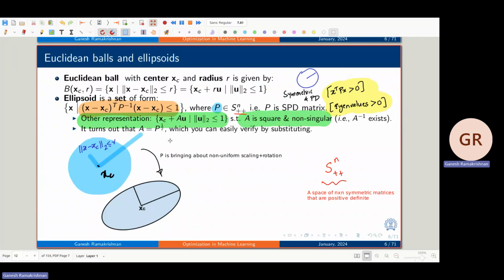Because if P had negative eigenvalues, you couldn't take the square root. Square root basically means that A into A should give you P. Okay. Otherwise, this is the interpretation we have. Basically, P is bringing about non-uniform scaling and rotation.